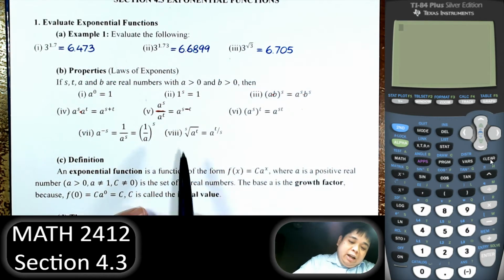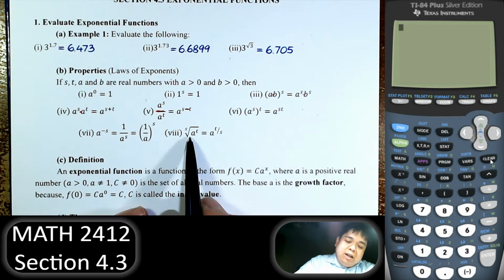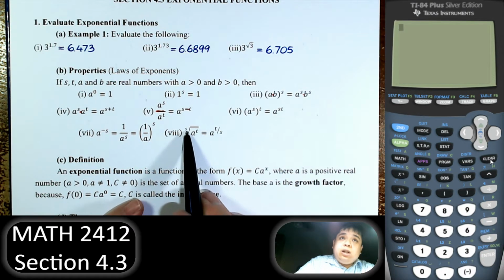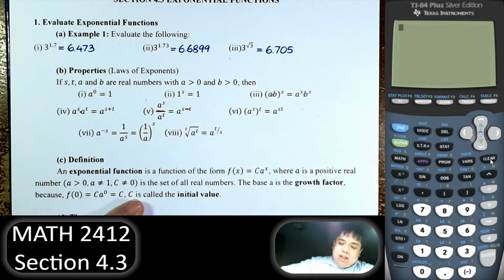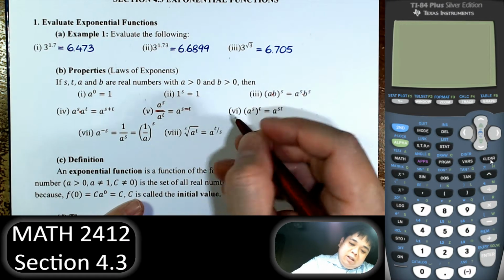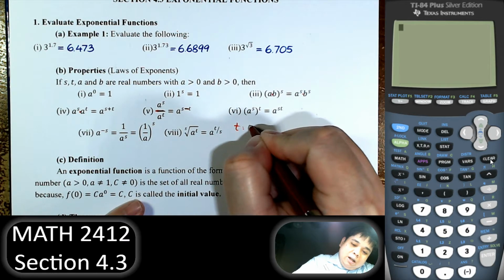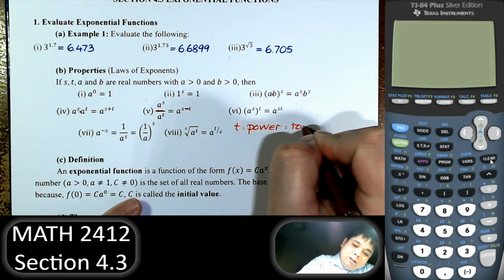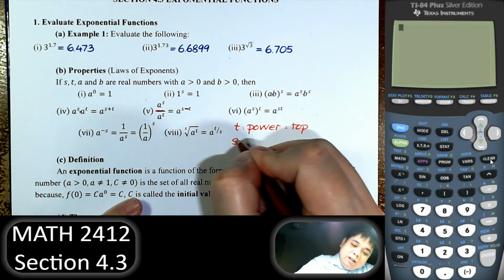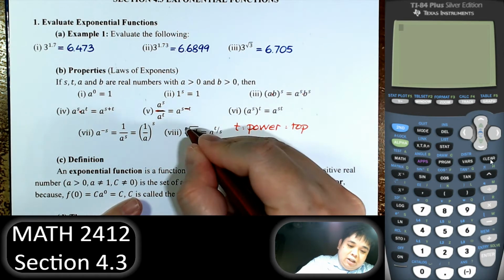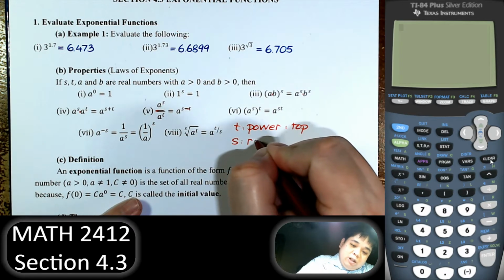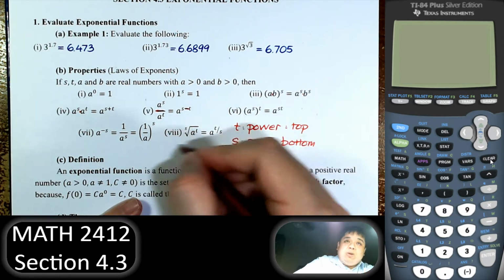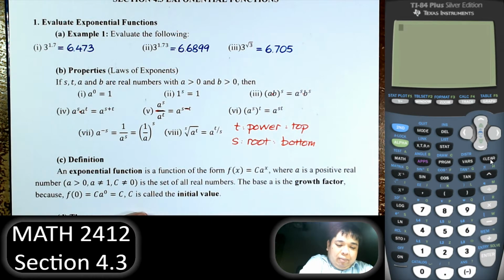Now, when we have a raised to the t power under the root of the s order, t, the power, will be on the top, and s, the root index of the radical, will stay at the bottom. So that's why we have those properties, right?